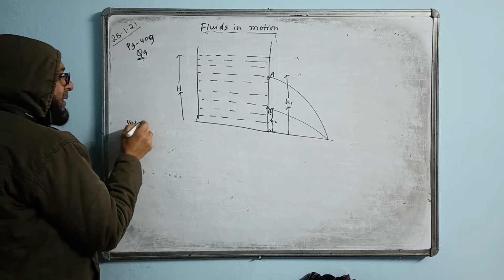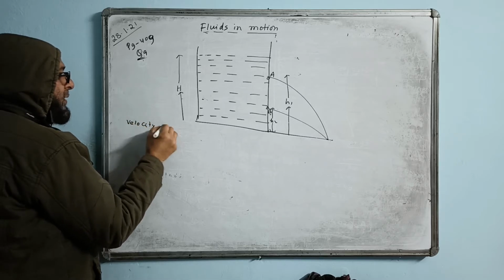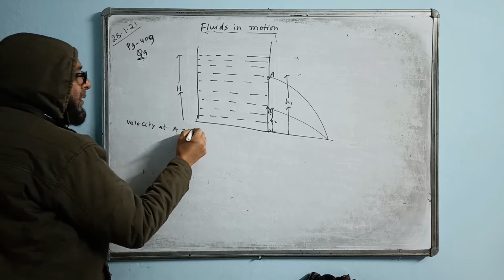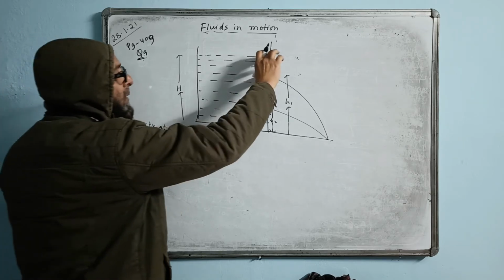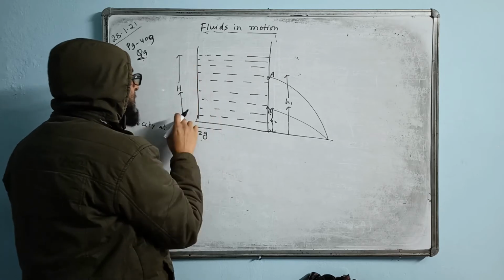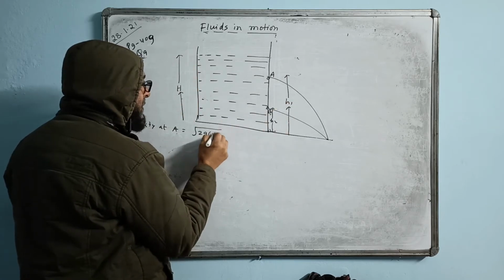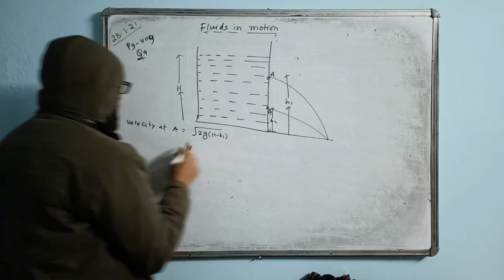Or we can do it directly, the velocity at A, the formula will be root 2g times height. What is this height? The total is h, this is h1, so I write h minus h1.